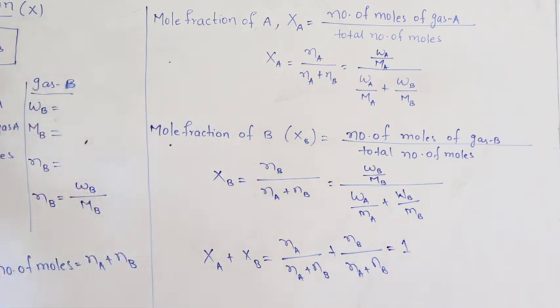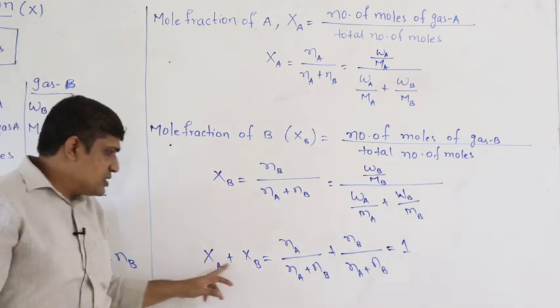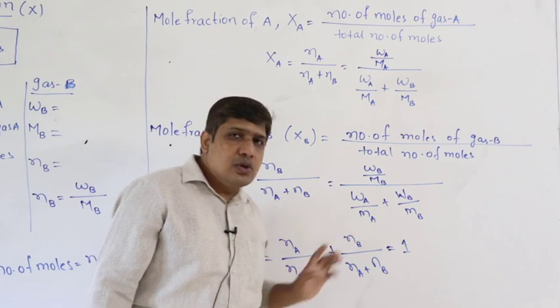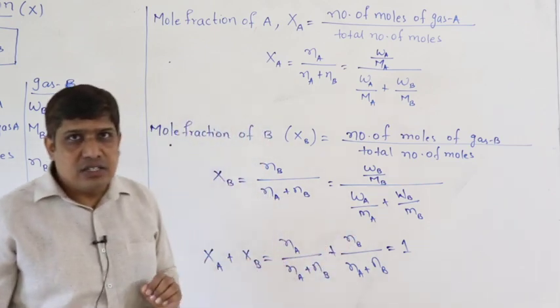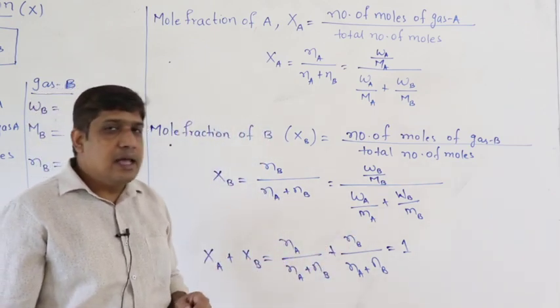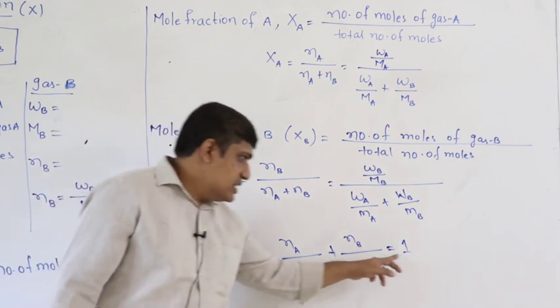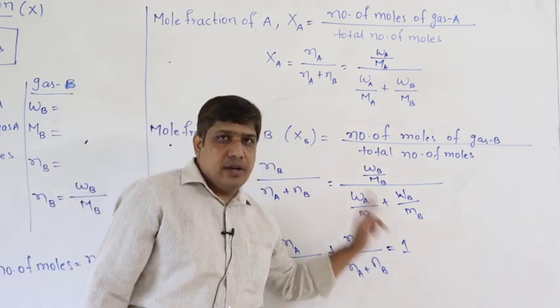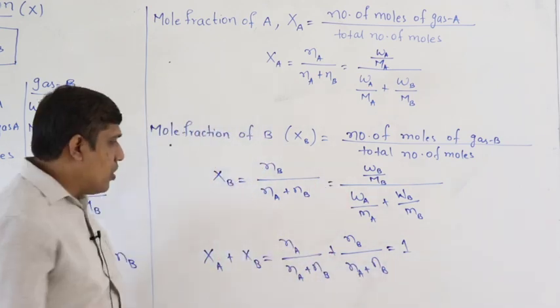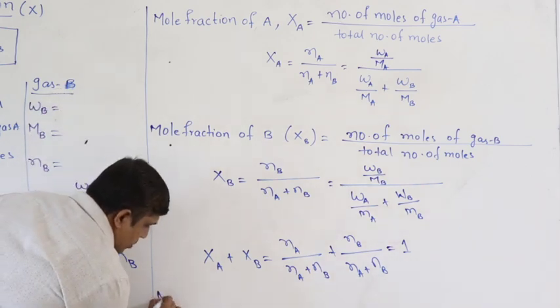How many components we have? Only two components, A and B. Sum of the mole fractions of A and B is equal to 1. That means sum of the mole fractions of all the components present in a system is always equal to 1. Make a note of that point.